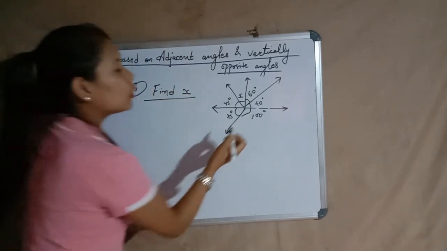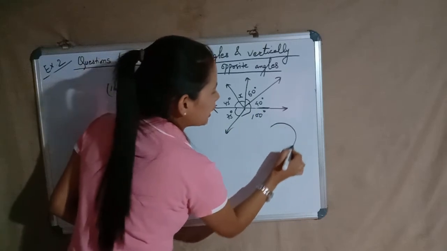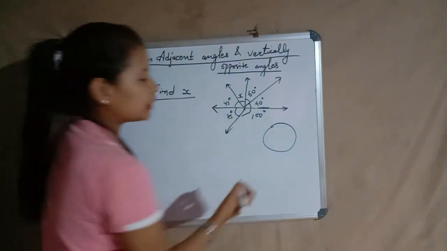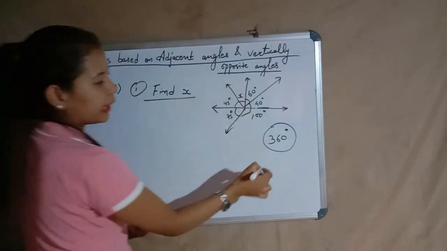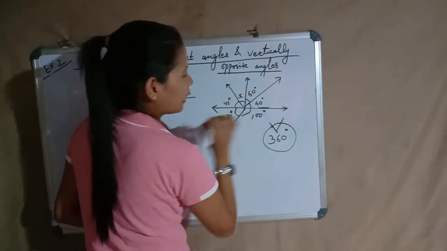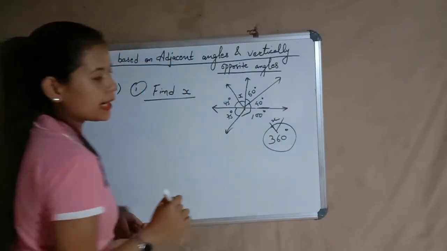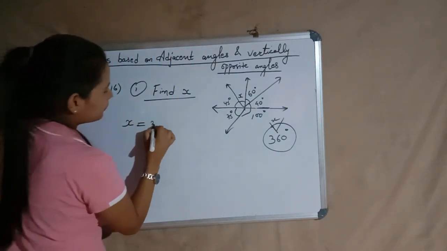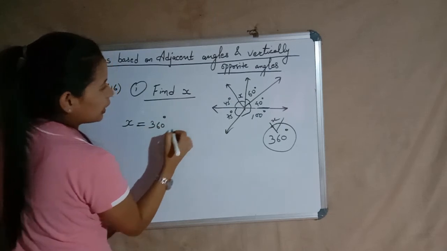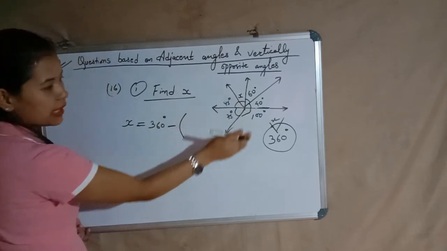Children, we already know a complete circle measures how many degrees? 360 degrees. We know the measure of all the angles except this part, that is x. So x will be equal to 360 degrees minus the measure of all these angles.